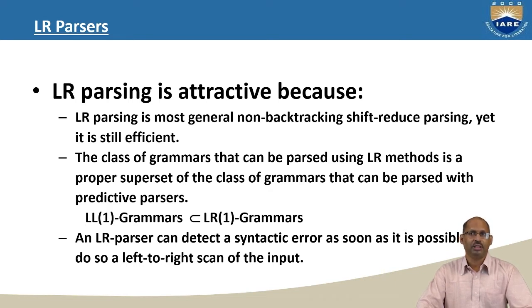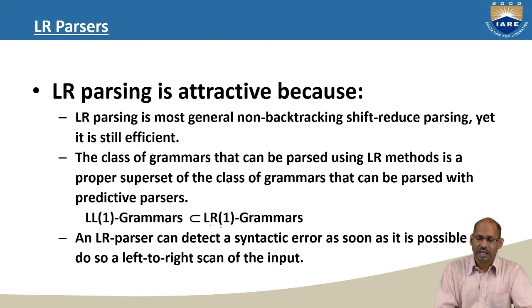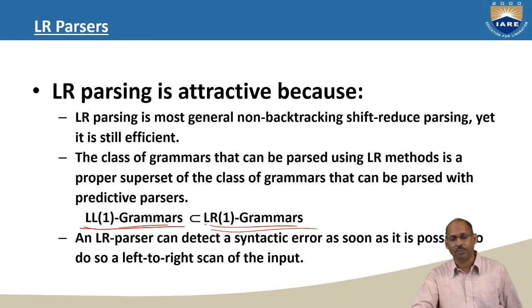The class of grammars that can be parsed using the LR method is a proper superset of the class of grammars that can be parsed with the predictive parsers. So the LR grammars are a proper superset of LL(1) grammars.